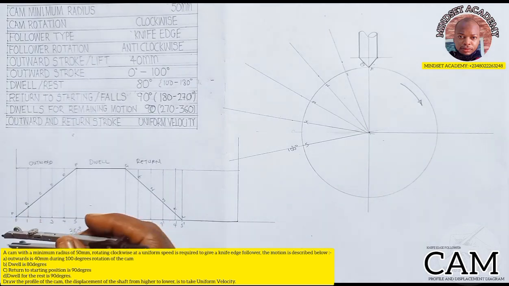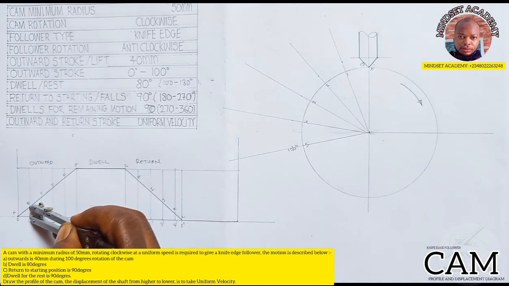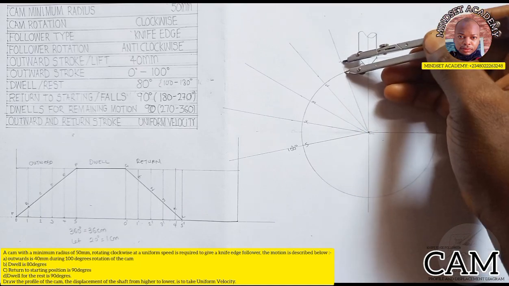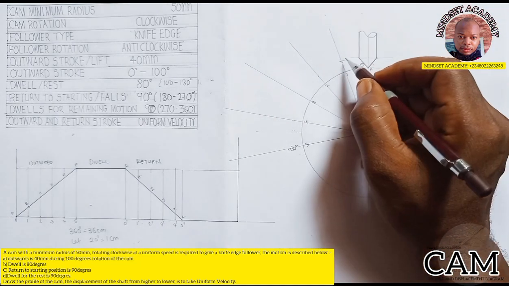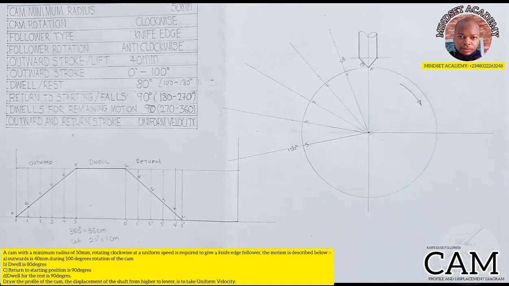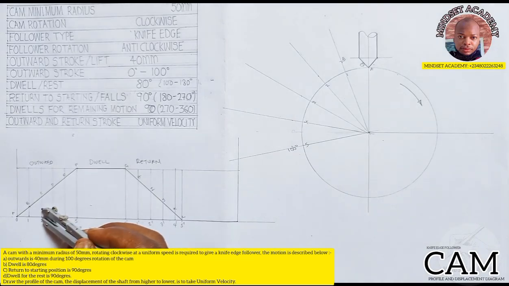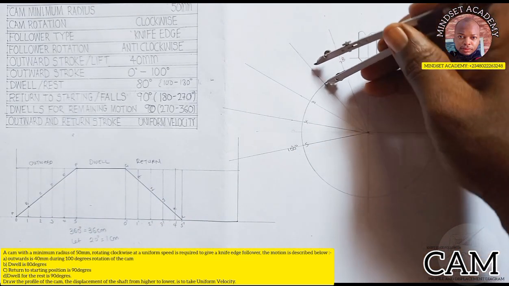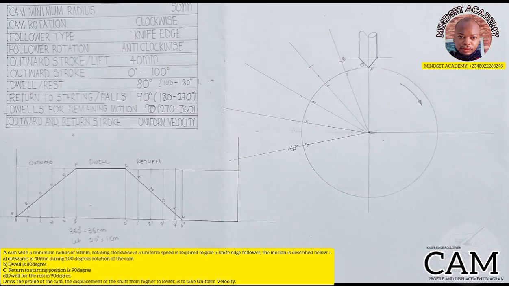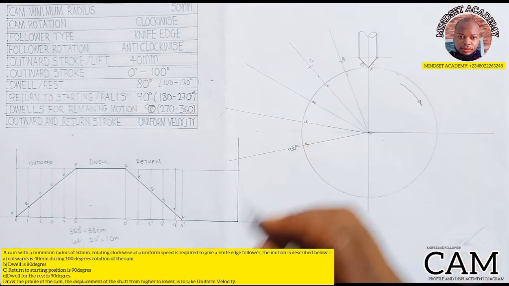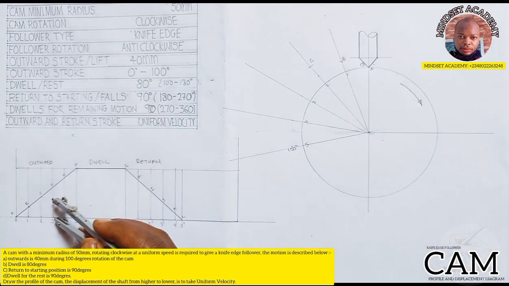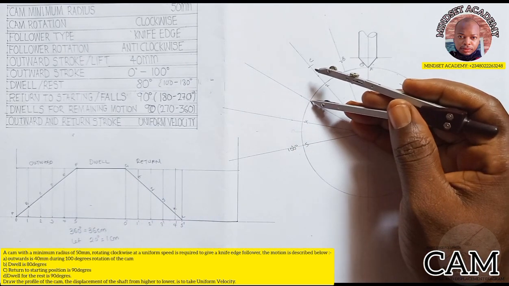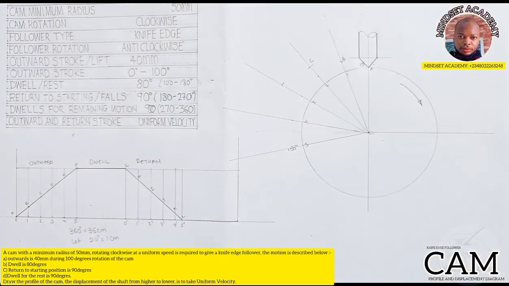So I come to point 1 to B, where I can easily mark B. So this point here is B. Again, for me to get C, I'll place it here at point 2 to get what? C. This is C. For me to get D from 3 here, I'll come here and place it here to get what? D.